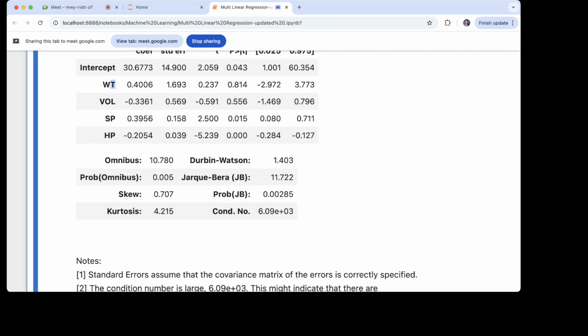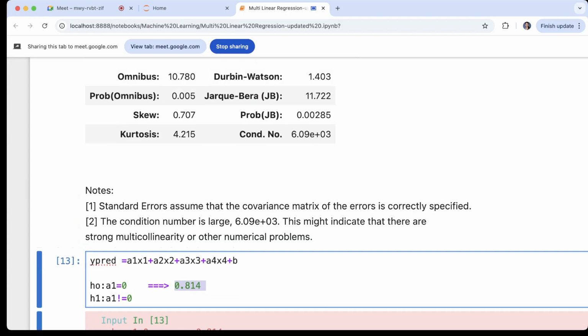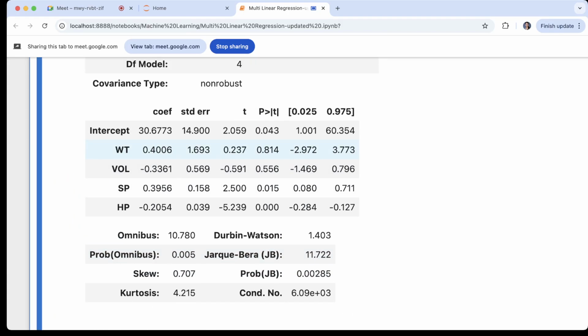Okay, then you are assuming that your a1, which is the multiplication parameter for your weight, is 0. That is your null hypothesis. If that has a very high probability, or a very high p value, that means there is a problem.